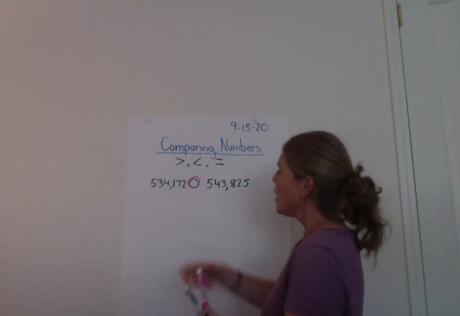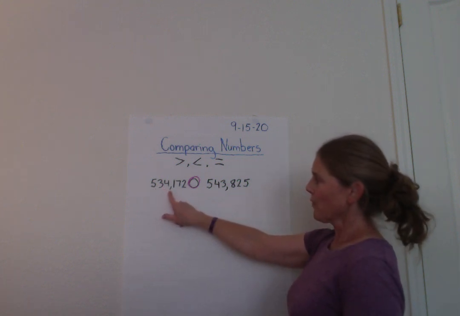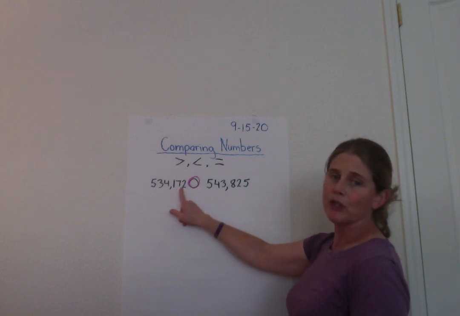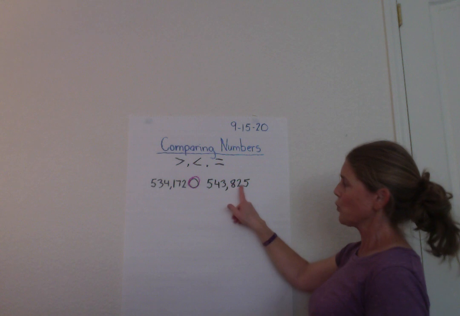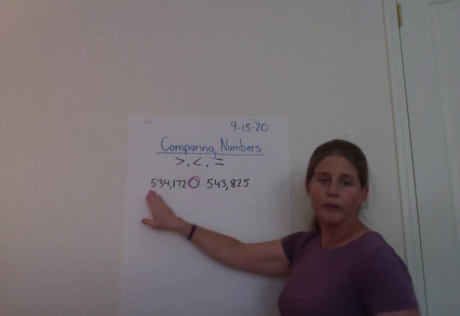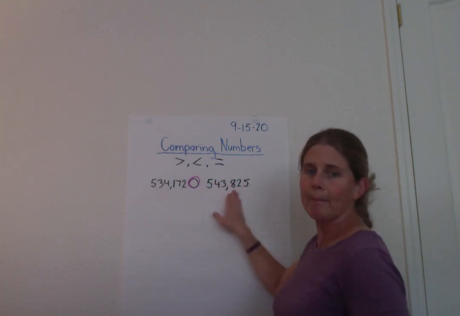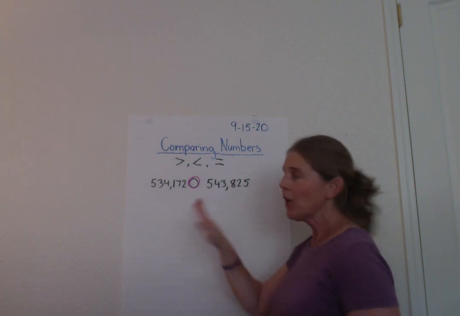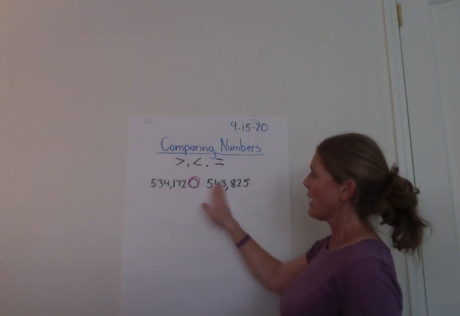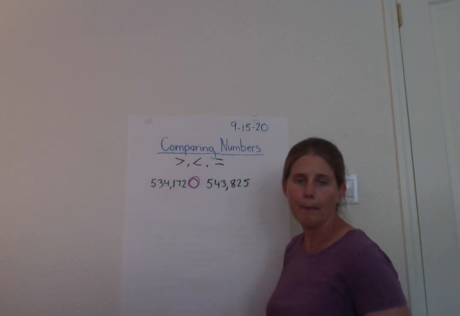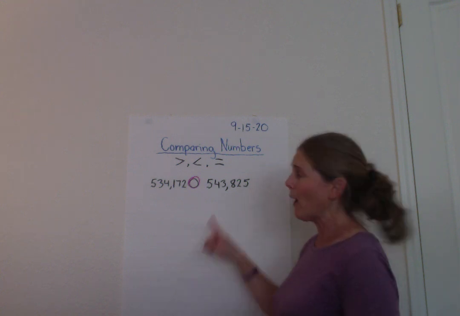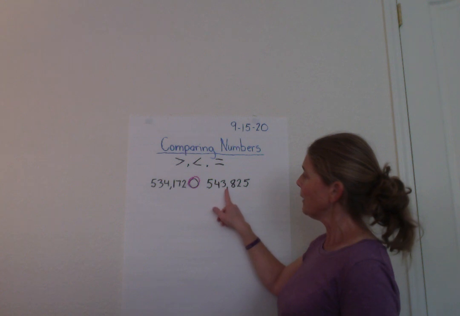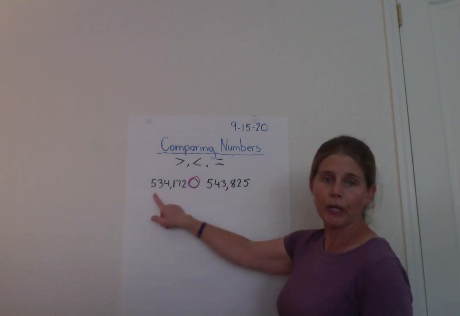All right. 534,172 and 543,825. Now, some of you are ready to just look at both numbers. You can see it. You're looking at place value and you know which number's smaller and bigger. But what if you don't? I'm going to show you right now that we can take one number and put it under the other number.